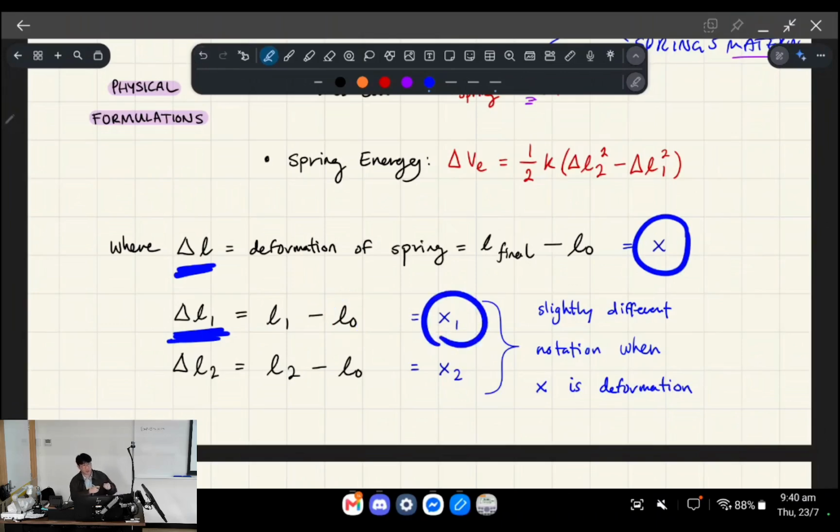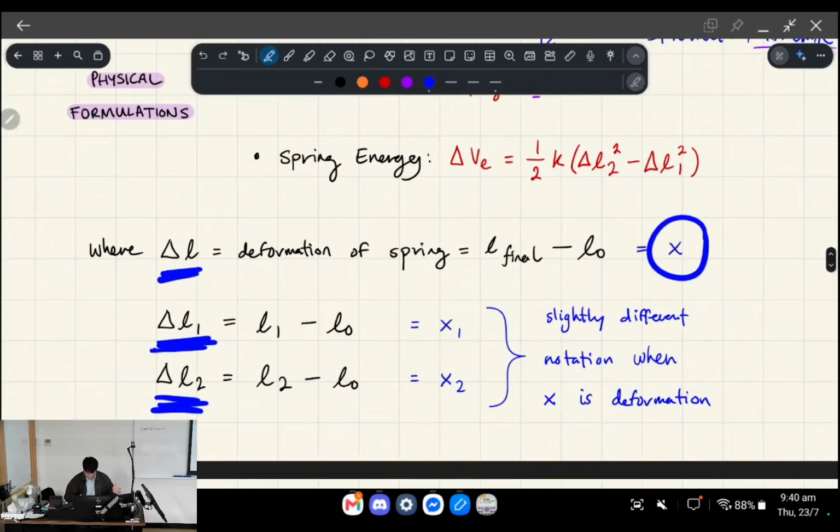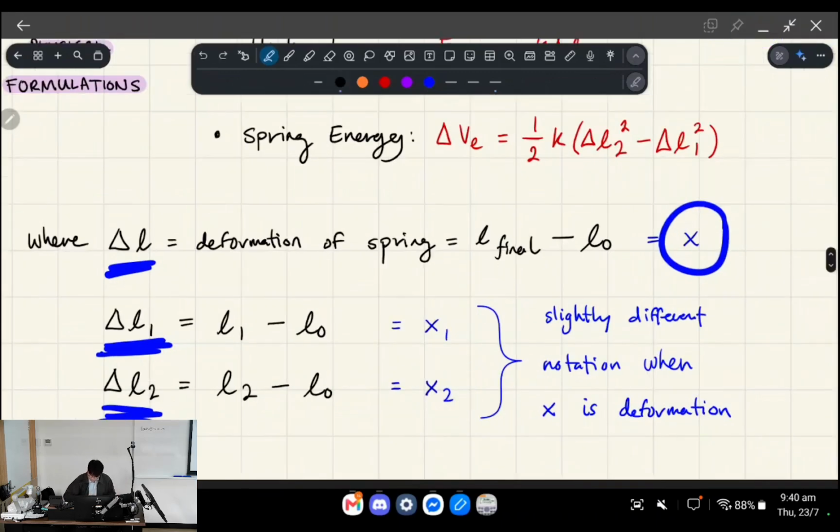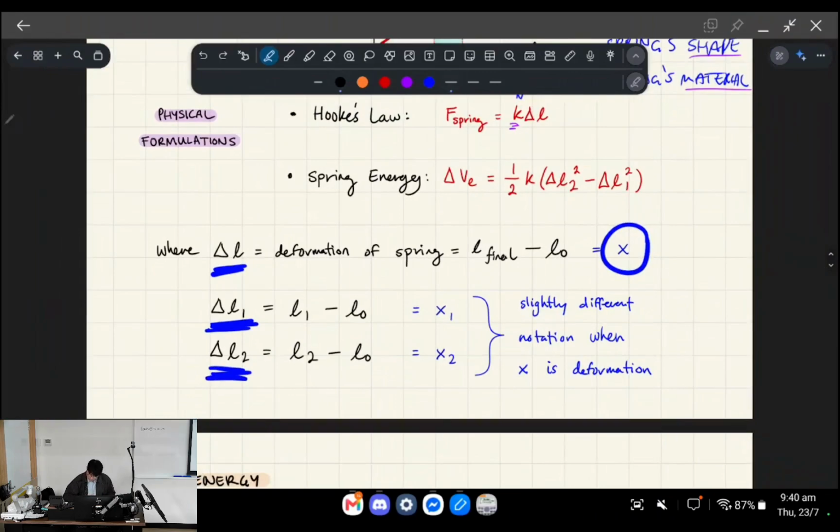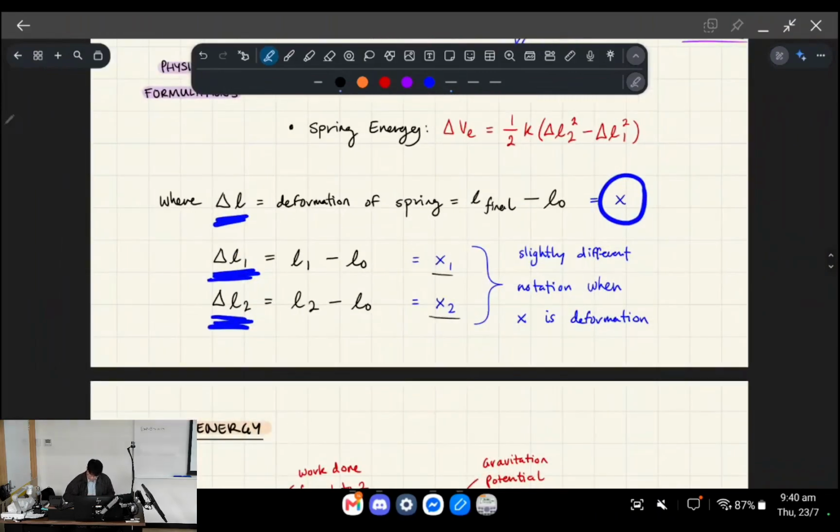And so this is how much it's deviated from the equilibrium length in state 1. Okay, and then in state 2, this is how long it is in state 2. And this is its equilibrium length. And so this is how much it's deviated from the equilibrium length, right? So that's represented by X.